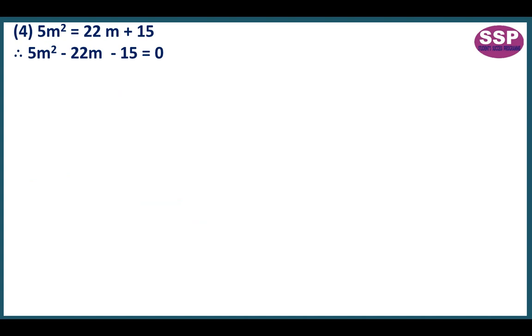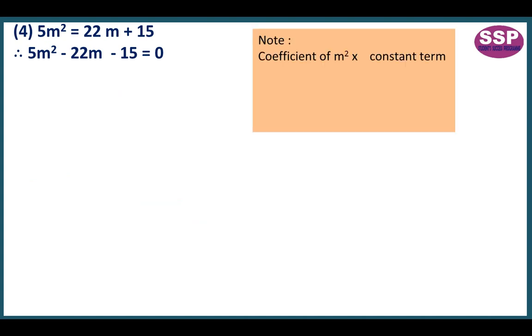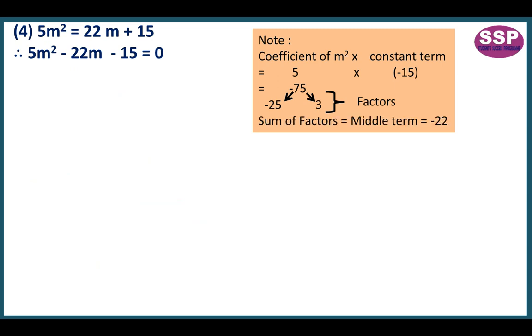Now we have to find the product of the coefficient of m square and the constant term, that is 5 multiplied by minus 15, and it gives minus 75. Now we have to factorize minus 75 so that the sum of the factors is equal to the middle term. So the factors are minus 25 and 3, and the sum of these factors is equal to minus 22, which is equal to the middle term.